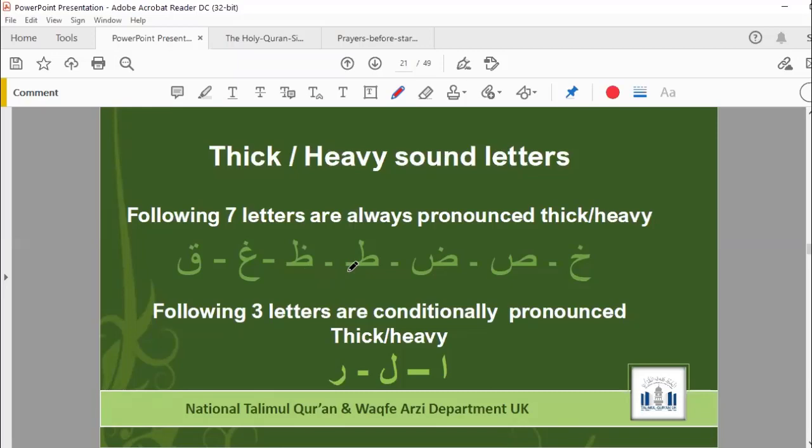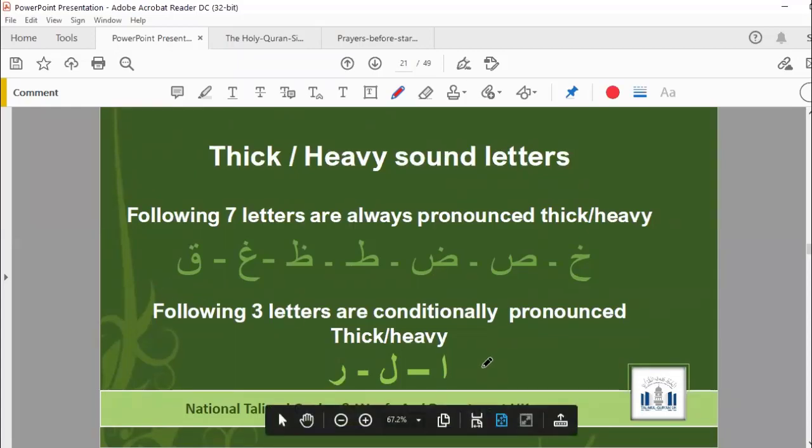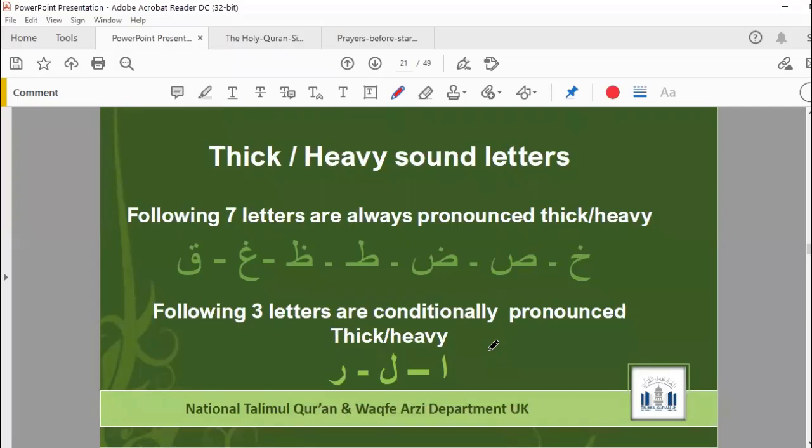The twa, there should not be a vowel sound in between. The following 3 letters are conditionally pronounced with a heavy sound, which are alif, lam, and ra.